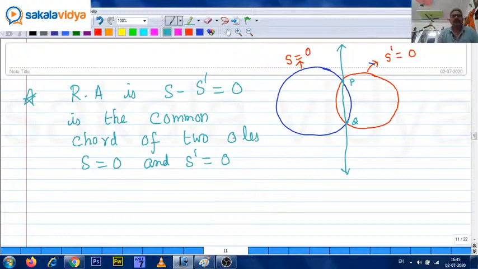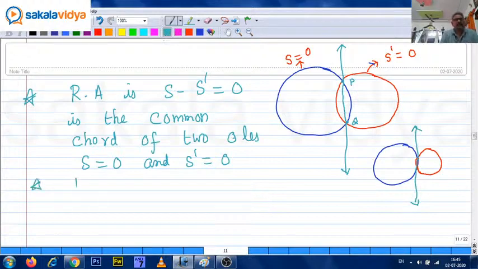So now, for example, two circles touch externally like this. Now we have the common tangent. This is a common tangent. So how to find the common tangent? Same here also we can write.